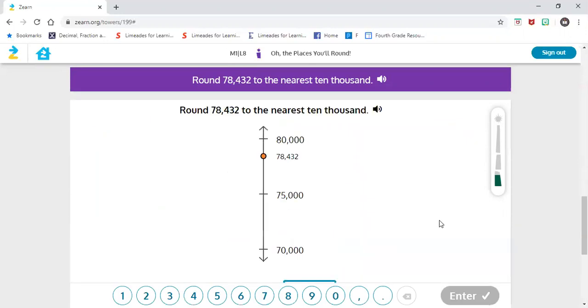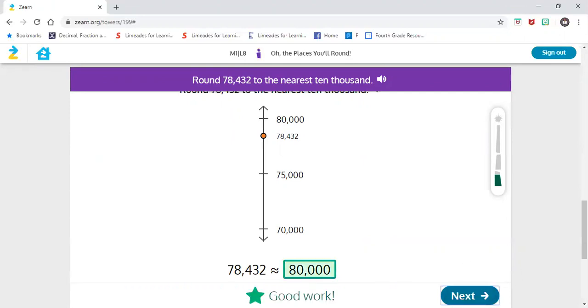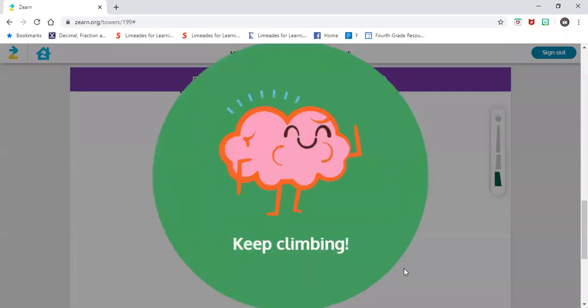So because it's above my midpoint, I know that it has to go to my highest endpoint, which would be 80,000. So I'm saying 78,432 is about 80,000. So good job. Let's do another one.